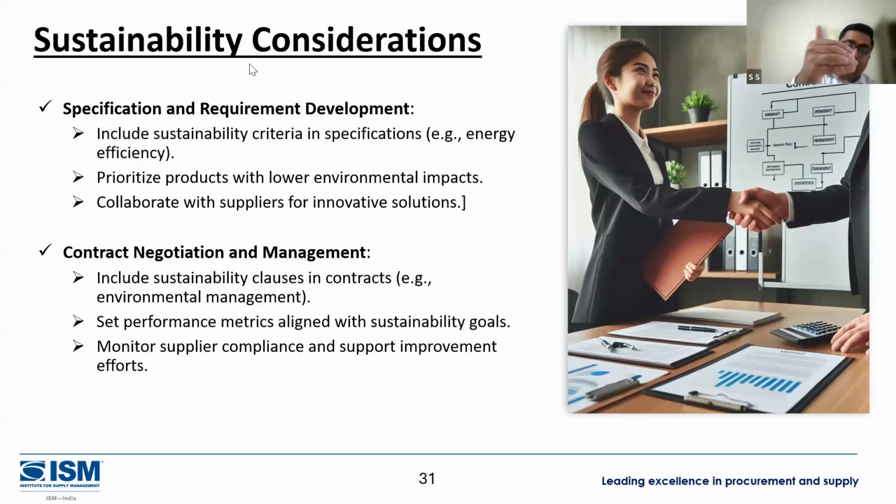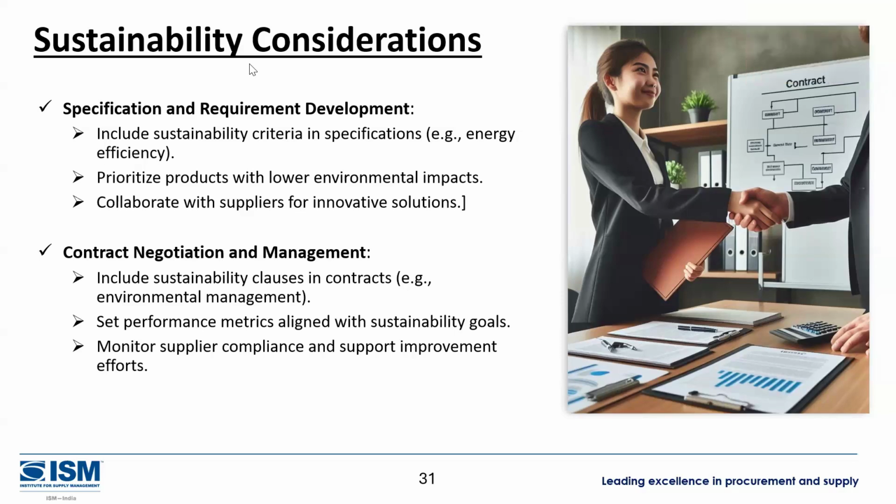So in one step, we are considering sustainable procurement. In the other step, we are not. Let's say we are considering LED bulbs, but we don't have any particular plan of how to dispose of them. Then in the later stage, we are not considering sustainability in the later part of the supply chain or the procurement process.